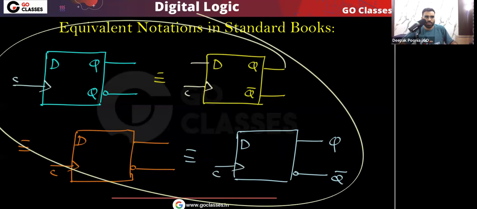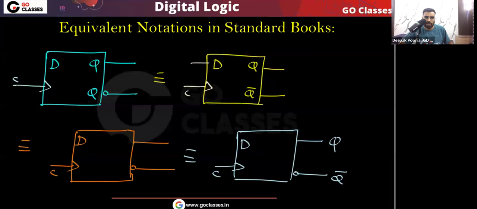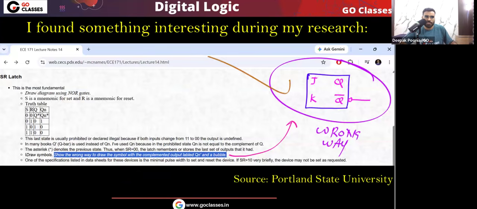So these are the equivalent notations given in the standard books, and clearly here it is explicitly written that this is the wrong way. So I can say that basically this is the wrong way.